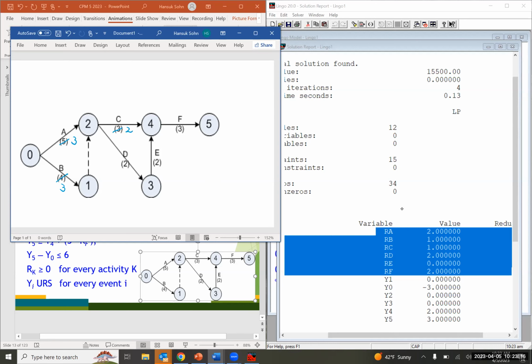D is going to be 2 minus 2, now it becomes 0. E, okay, no changes. And F is reduced by 2, so it's going to be 1, okay? So after reducing the durations of activities A through F by the given amounts from this optimal solution, you obtain the new project network diagram like this, okay?